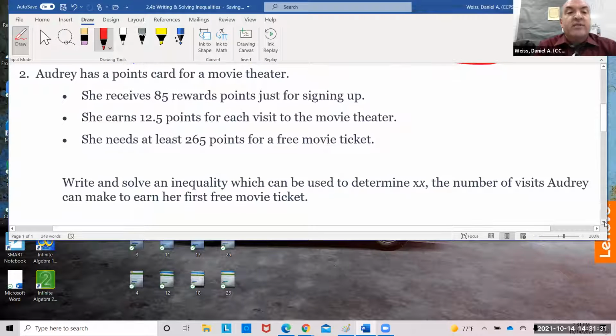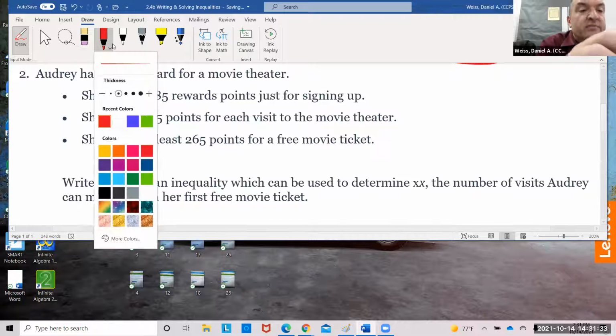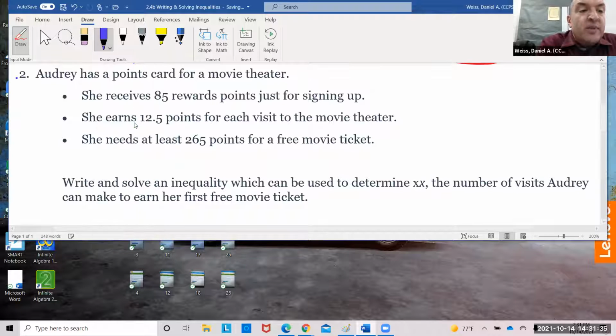Audrey has a points card for a movie theater. She gets 85 rewards points just for signing up, so I'm going to say right there, plus 85. She earns 12.5 points for each visit to the movie theater. So again, 12.5 per movie she goes to.